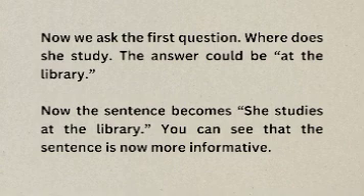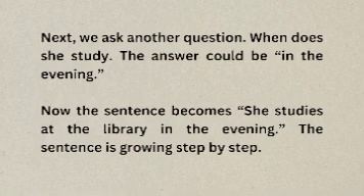You can see that the sentence is now more informative. Next, we ask another question. When does she study? The answer could be in the evening. Now the sentence becomes, she studies at the library in the evening.